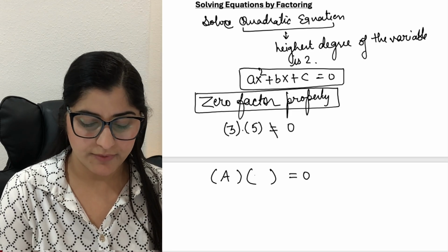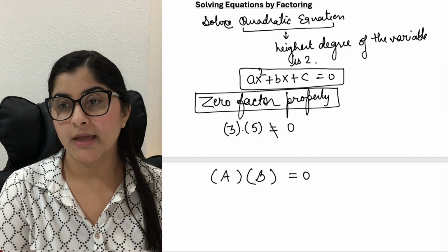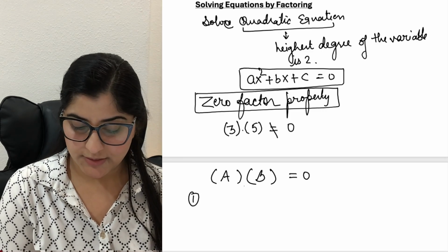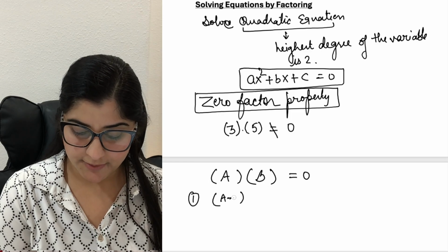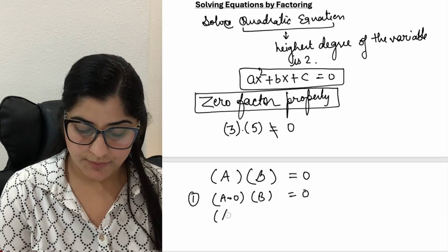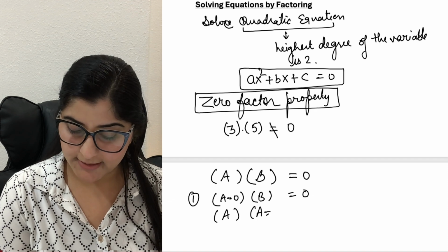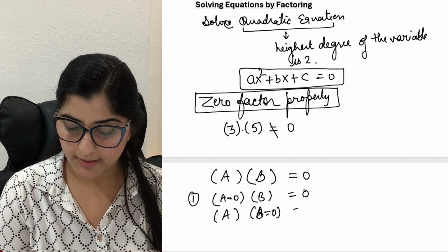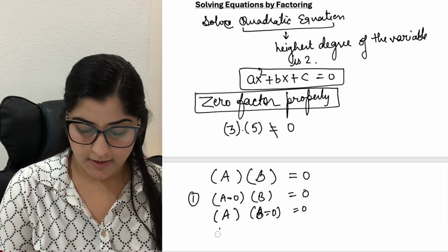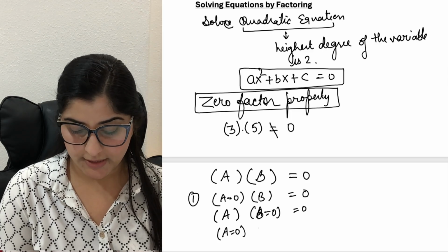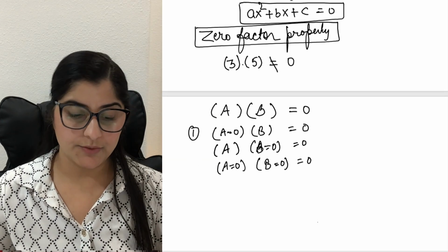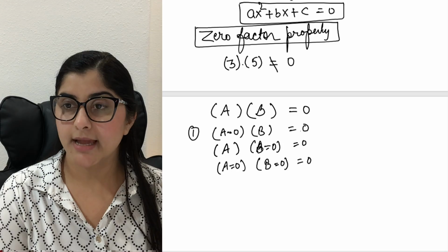Suppose these two factors are a and b. It is true if the first factor is 0, or when the second factor is 0, either a is 0 or b is 0, or a and b both are 0. Then the product a times b can be 0.